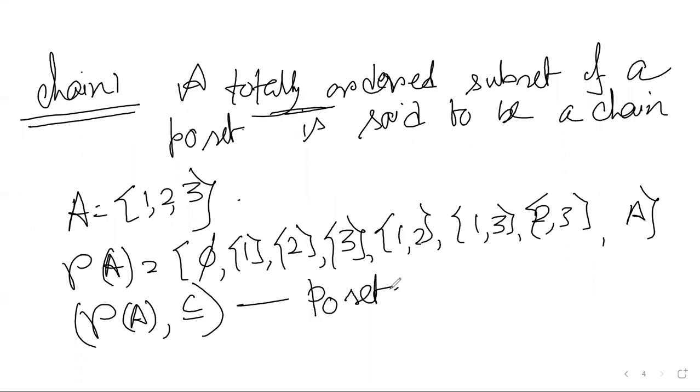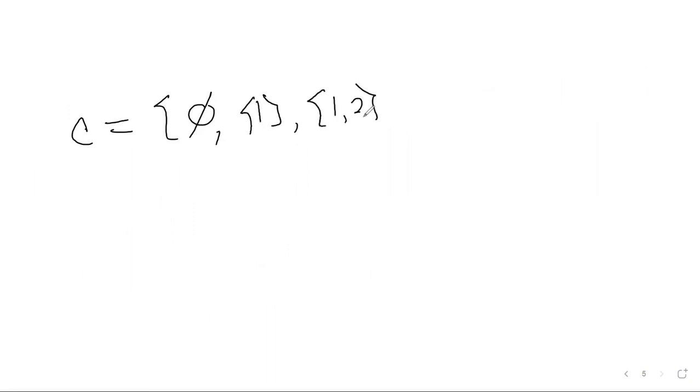Okay, fine. Now consider two subsets of the power set of A. One is C, the set phi, {1}, {1, 2}, and then A. My claim is it is a totally ordered set, or it is a chain, because it is a totally ordered subset of a partially ordered set.